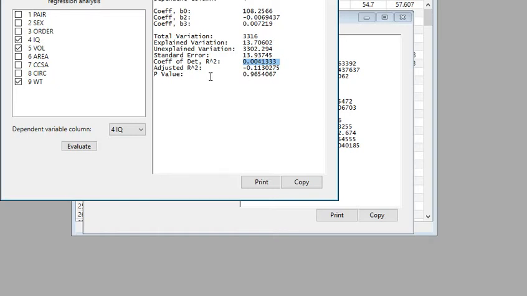So it's not really significant. But what I'm saying is you can build other models, and a multiple regression is a very, very common thing to do in statistical analysis, trying to find what variables actually influence this.